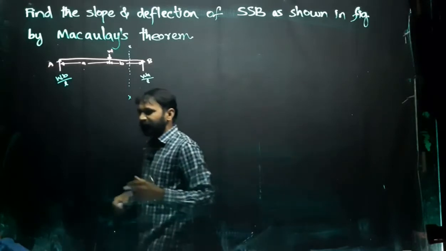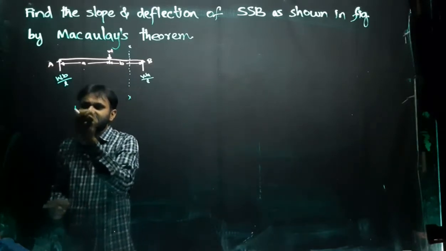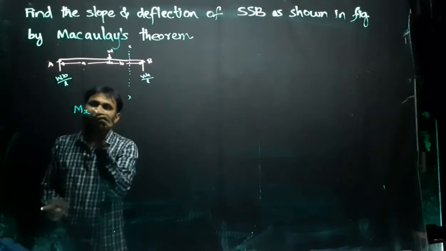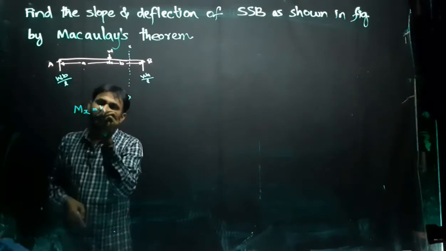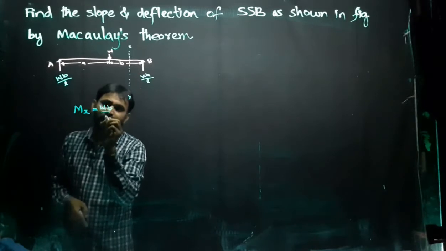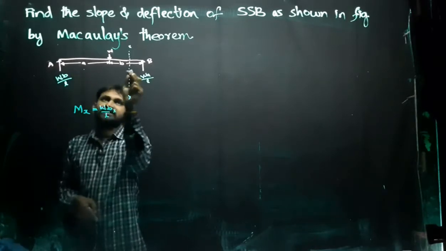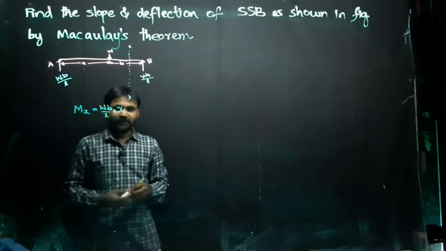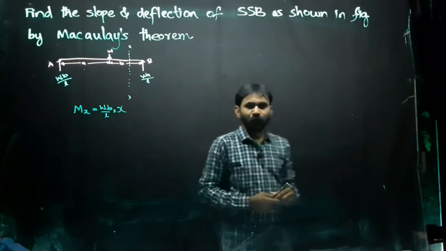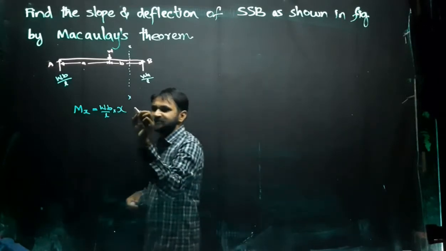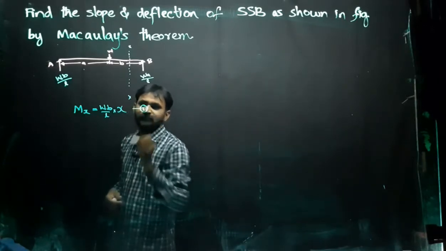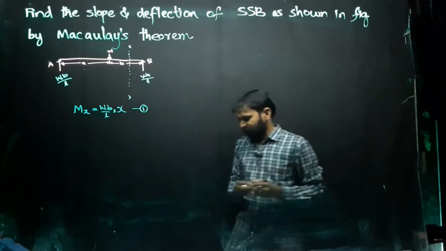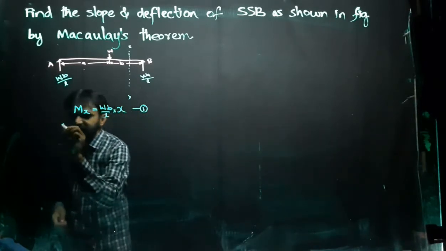Let us find out the moment which we will be generating, that is Mx, the moment about x, is equal to WB by L into the distance x. WB by L into x is my moment about x. Let this be equation number 1.